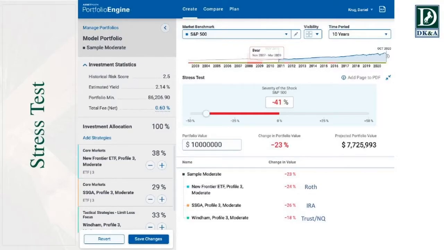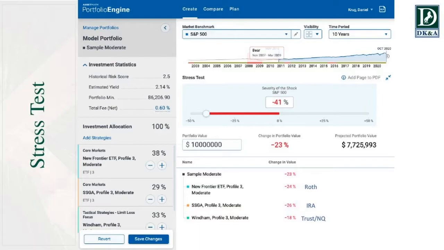When a client has decided to come on board and we find that there is just a real good fit, we feel we can make a material difference for this client, at that stage we take the current portfolio that they have from wherever they're coming from, whether it be another broker or another financial planner, or they did it themselves.